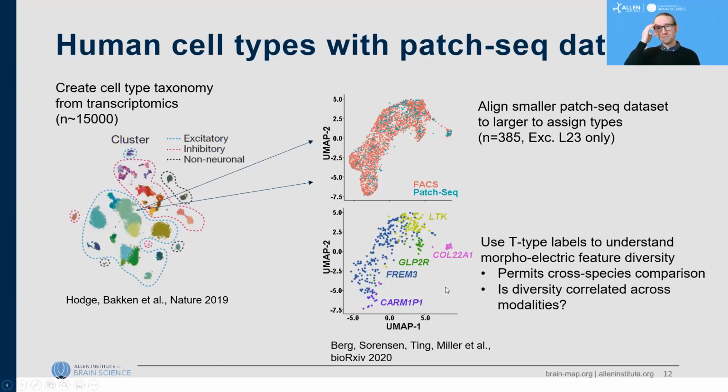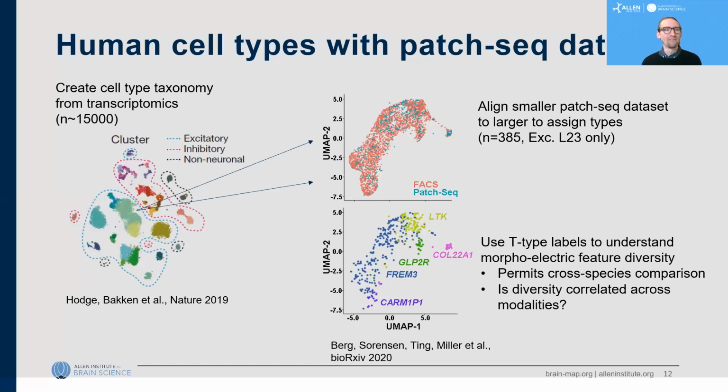Once we have those T-type labels, our approach is to use those to help understand the diversity in the morphology and the electrophysiology data. The T-type labels help permit cross-species comparison, since we have alignment between mouse and human T-types, and can help us understand how types vary over evolution.